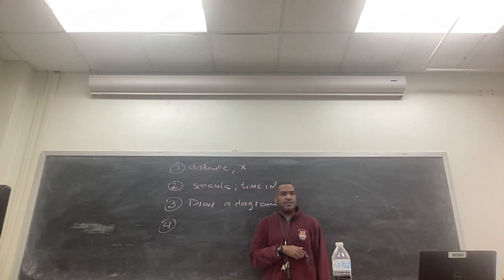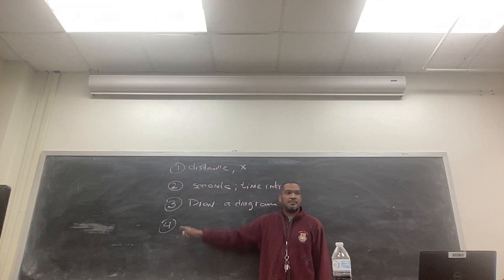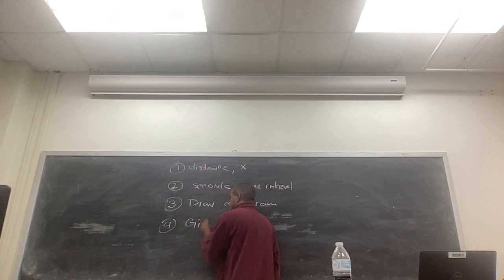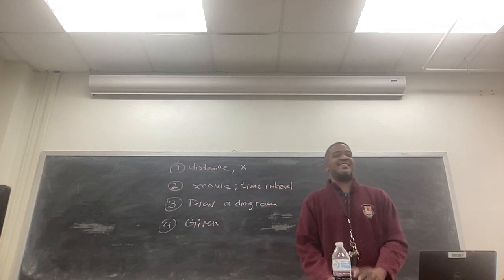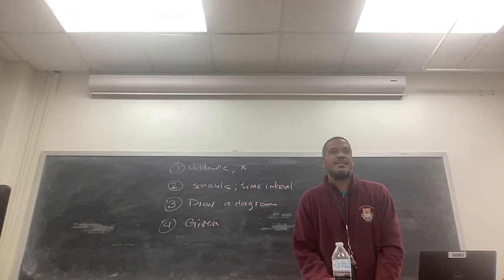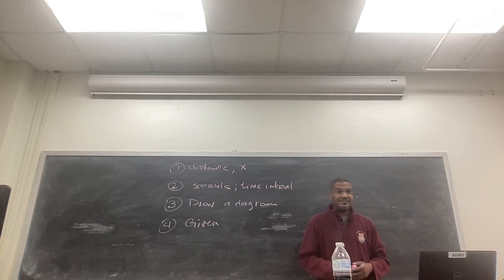What step do they skip to? Givens. 4. Because they're so quick to do what? Some math, some equations, before we have understanding of what's happening.